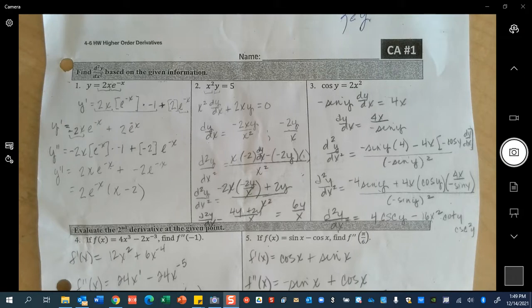So it was time to take the second derivative. I had the product rule again. So then here's my first term times the derivative of the second plus, and then this is just the derivative of that.